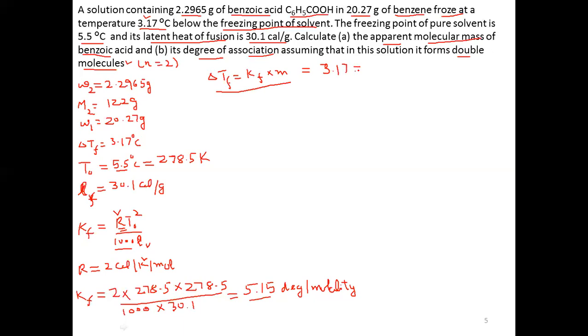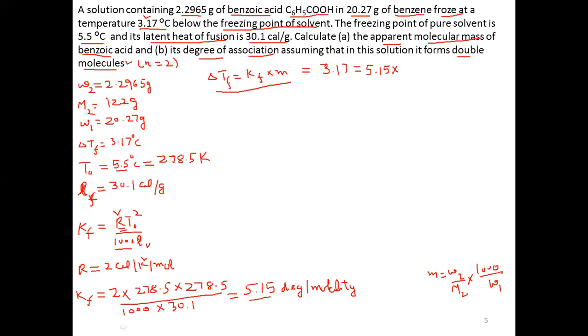So 3.17 is equal to Kf, which we have calculated, 5.15. So molality is given by, you already know, I need not write again and again, you should remember it: W2 divided by M2 into 1000 divided by W1, where the weights are in grams. So we have to calculate M2.